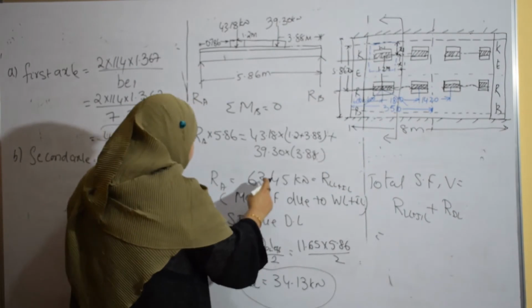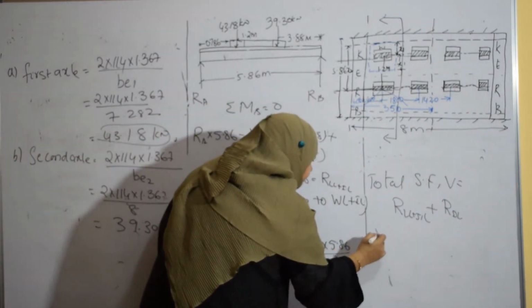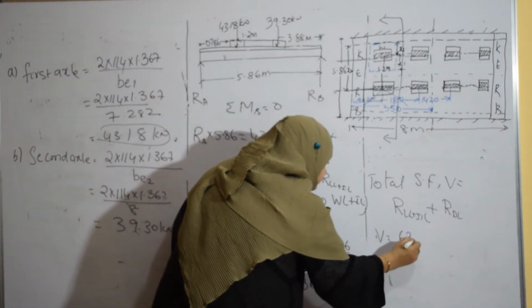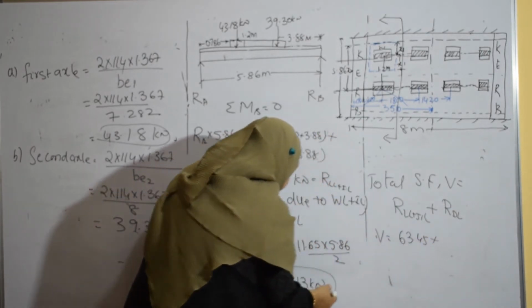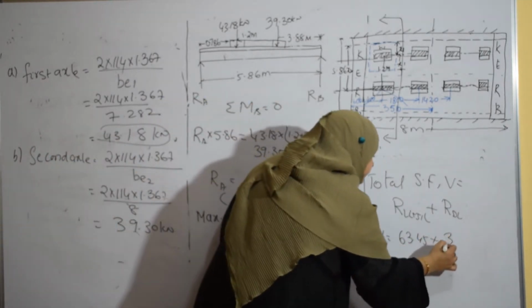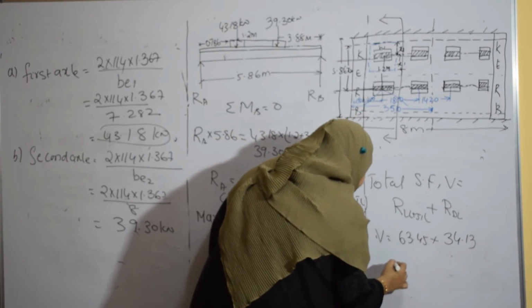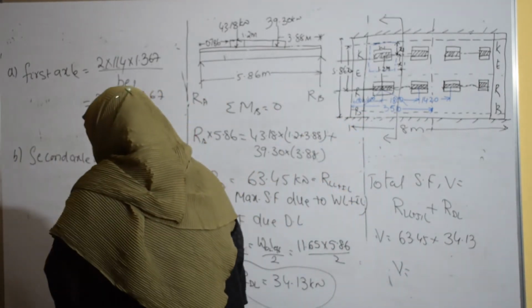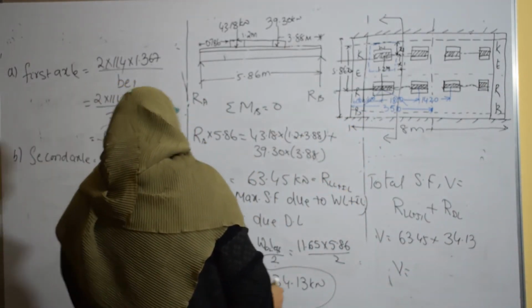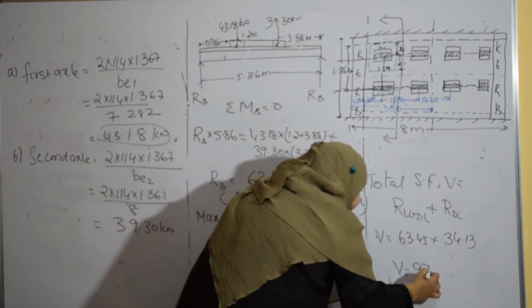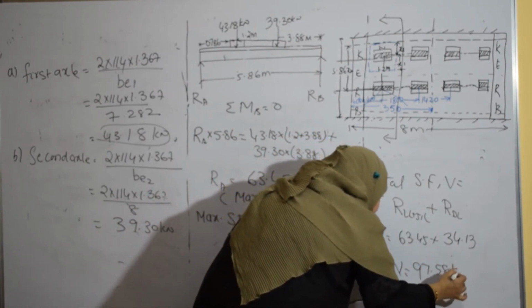I have the value of 63.45 plus the dead load one, 34.13. Sum it up, we get the total shear force as 97.58 kilonewton. So this is the shear force.